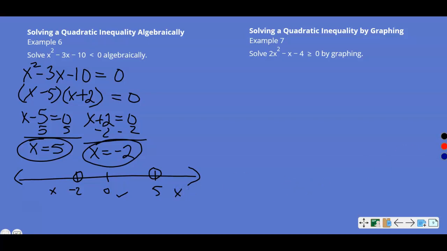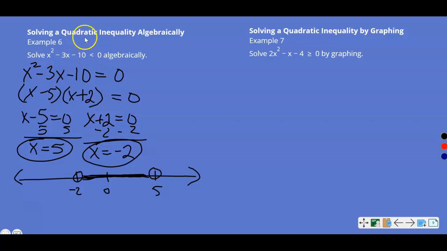All right, so we can conclude that the middle section is going to be our solution set. So we're going to have open circles. We already determined that. And then we're going to shade this area. So all the numbers in between -2 and +5 will produce a number here less than 0.